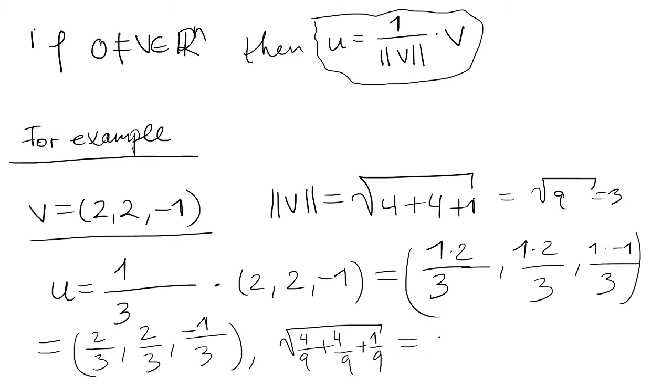This is equal to 9 divided by 9, and the square root of that is simply equal to 1. So we have found a unit vector. Essentially, this vector is the same as a scalar multiple of the original vector, obtained by multiplying it by 1 divided by 3.